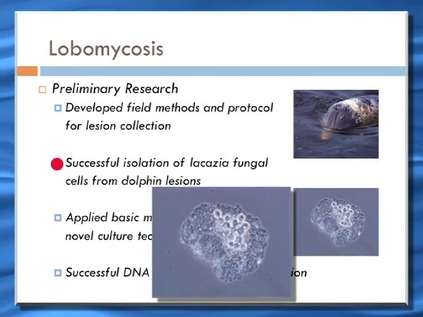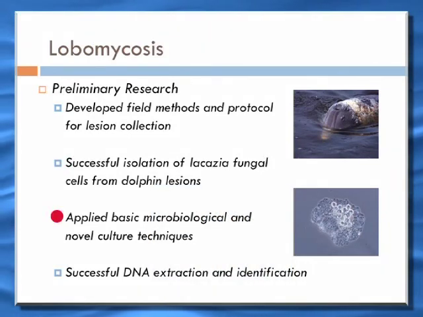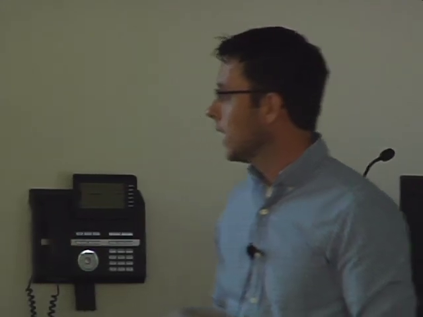It's kind of hard to see, but I promise you those are actual Lacazia cells, and that's just some junk behind it. And by doing that, we were able to inoculate a variety of both traditional and novel microbiology media, including epidermal cell cultures and some skin graft material. We've been able to work with some physicians in Vero to get human skin graft material to try to inoculate and get this fungus to grow.